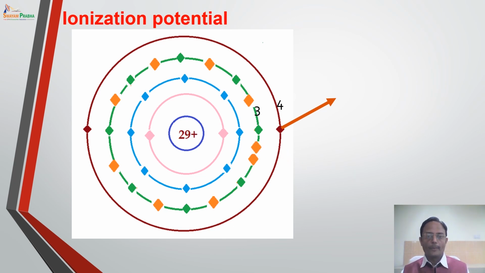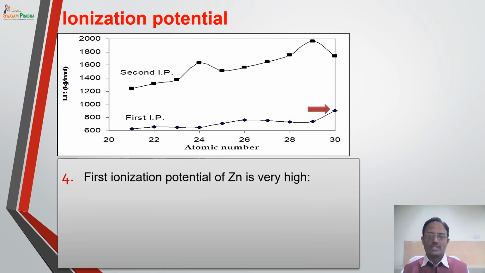In case of copper and in case of zinc, now the electrons are added and interelectronic repulsion, which we have discussed already in the last class, causes the atomic radius to increase. Also the ionization potential increases in case of zinc, that we will see. Now this reason lies in the electronic configuration of zinc.